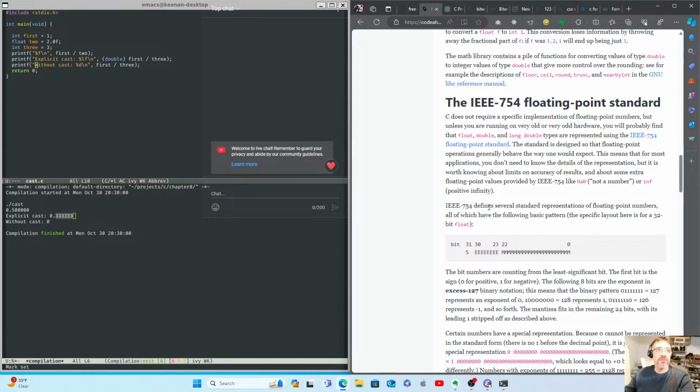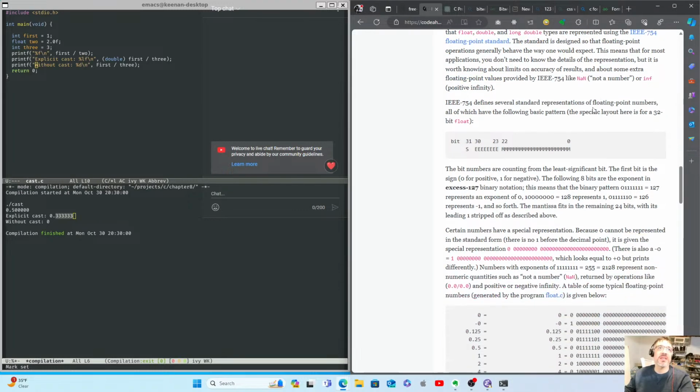IEEE 754 defines several standard representations of floating point numbers, all of which have the following basic pattern. The specific layout here is for a 32-bit float. So we have a table of the bits and then the numbers.